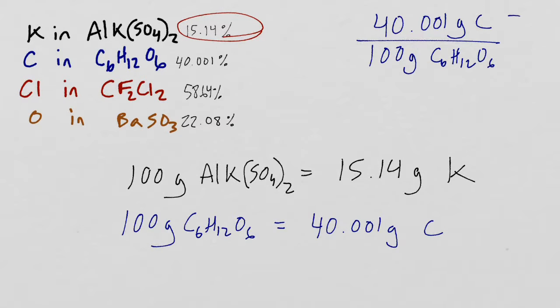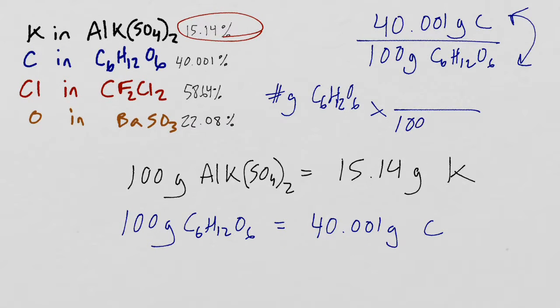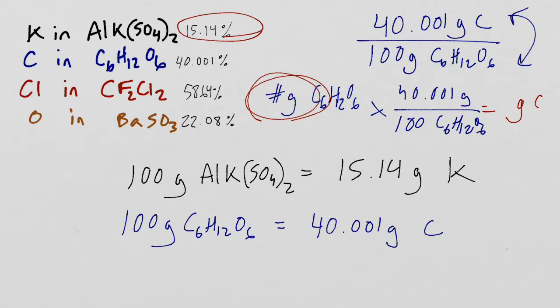And vice versa, we can flip this around if we needed to go from some number of grams of C6H12O6 and we wanted to know how many grams of carbon were in there. We would simply insert this conversion factor, get units to cancel, and be able to convert from some mass of sugar into some mass of carbon.